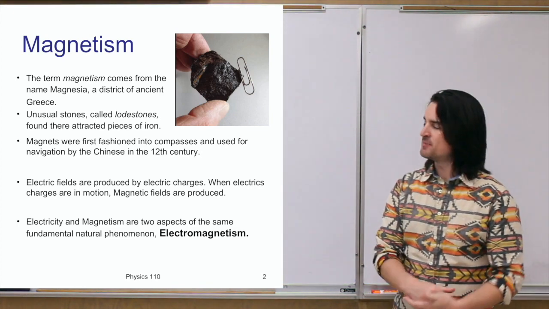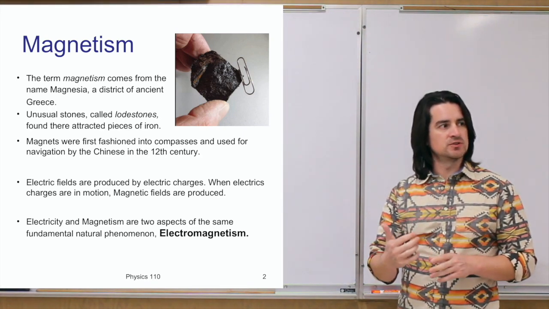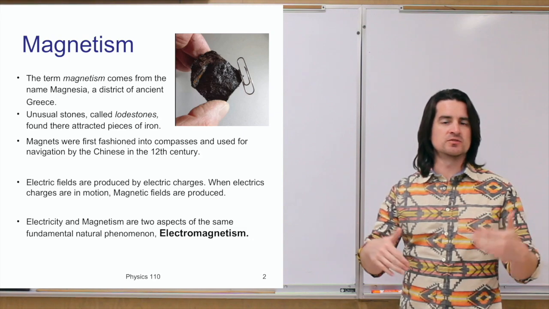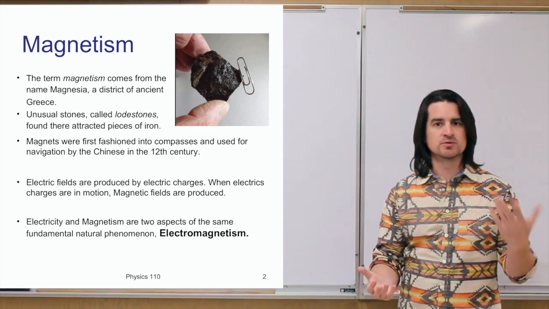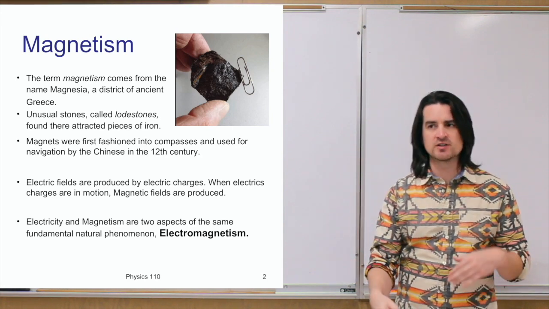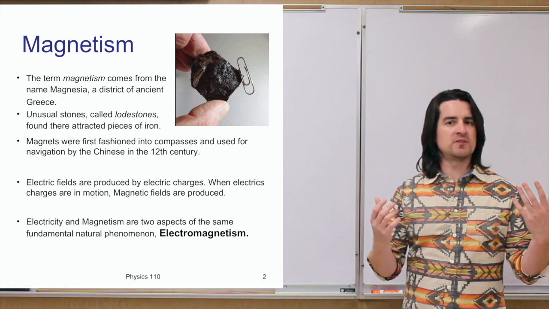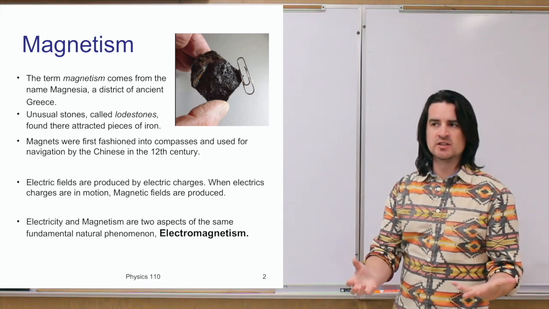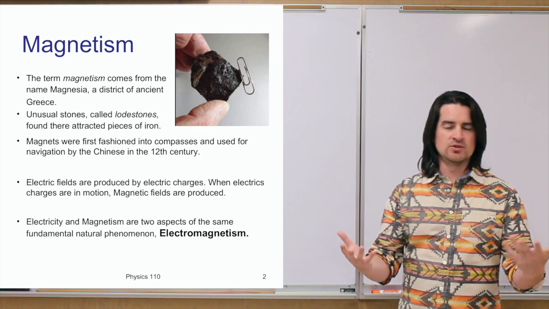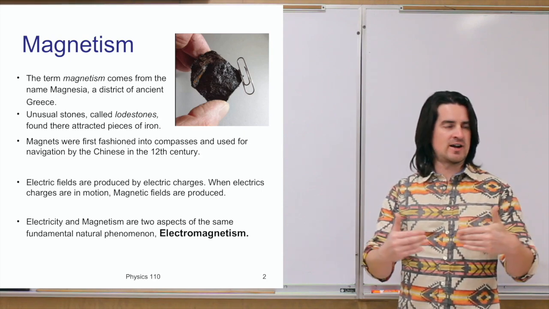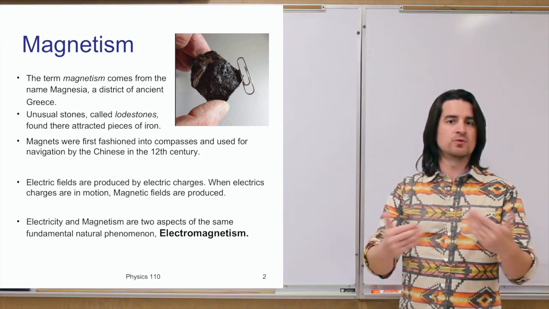So, connecting this back to electric fields, the basis is you have some electric charges. For the most part, we talked about electrons and protons, electrons being negatively charged, protons being positively charged. Just from the fact that they had electrical charge, they would produce electric fields, and those fields would then interact with other charges to give rise to electric forces.